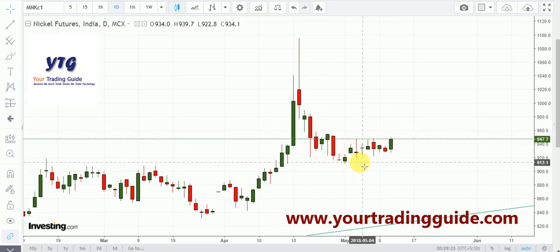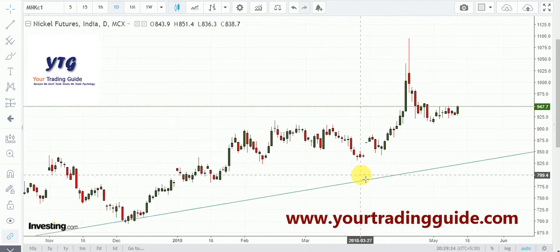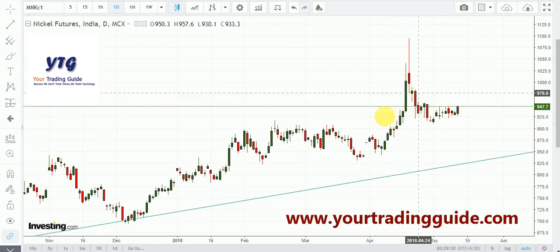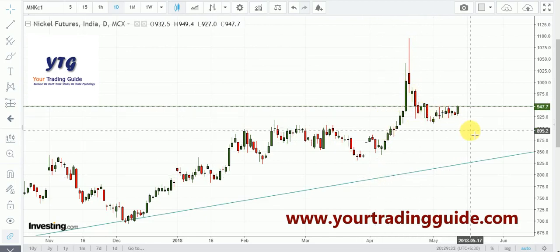What is the trend on the daily chart? It is up, and here it became sideways, so the trend is sideways to up. It is neither only up nor only sideways, it is sideways to uptrend.